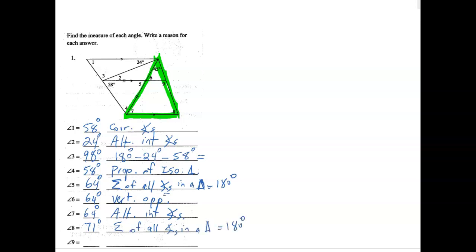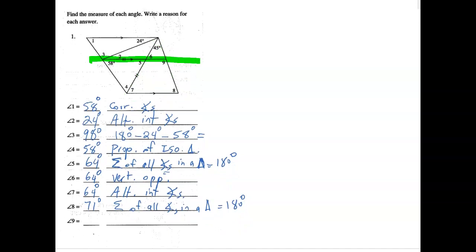And the last question, again, these are the two parallel lines. We have a transversal coming this way now. It turns out that this angle and this angle are the interior angles on the same side of a transversal, one side of a transversal on the left side, and they have to add up to 180 degrees. Angle 9 and angle 8 have to add up to 180.